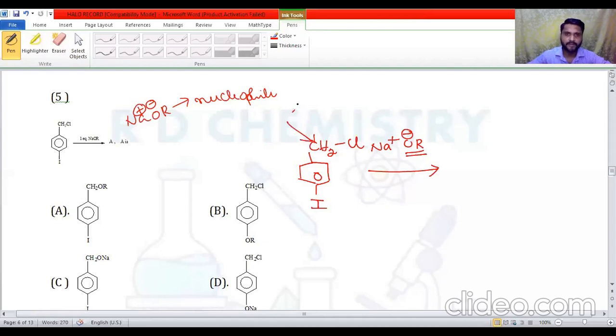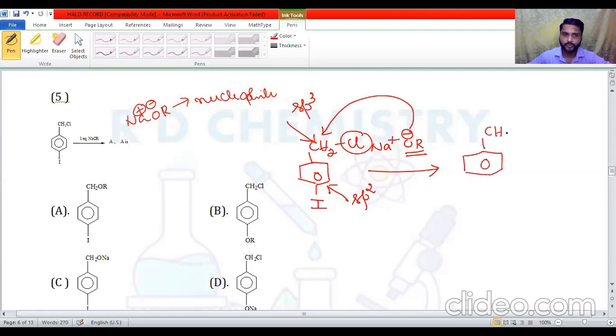This carbon atom is sp3 hybridized, and this carbon atom is sp2 hybridized. It is easy to remove halogen from the sp3 carbon atom. So the nucleophile attacks the sp3 carbon atom to give a benzene ring attached to CH2OR, with the iodine atom still present.